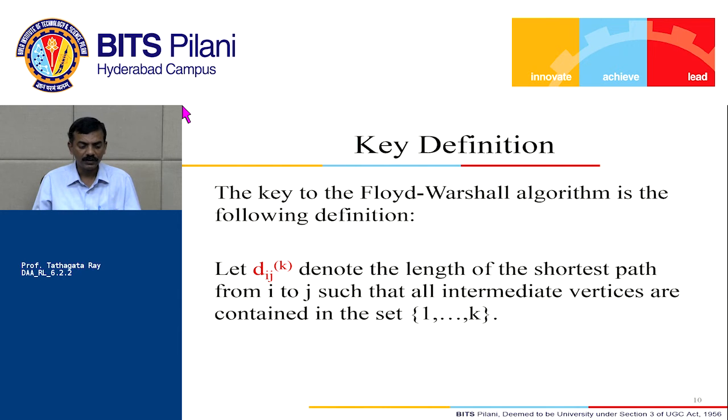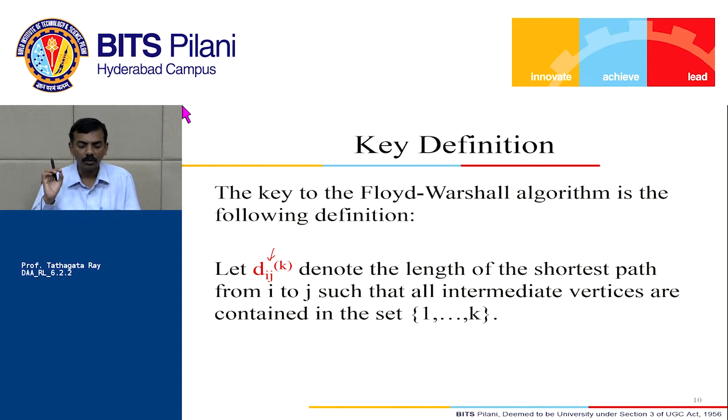Let's say D_ij^k, with k as the superscript, denote the length of the shortest path from i to j such that all intermediate vertices are contained in the set 1 to k.